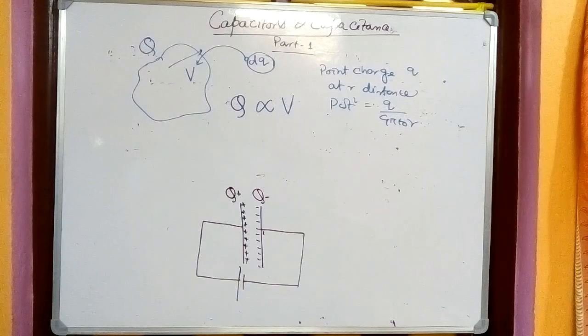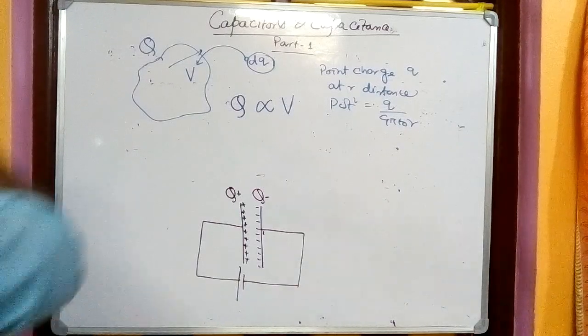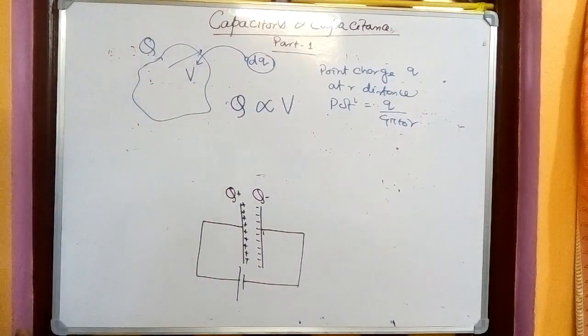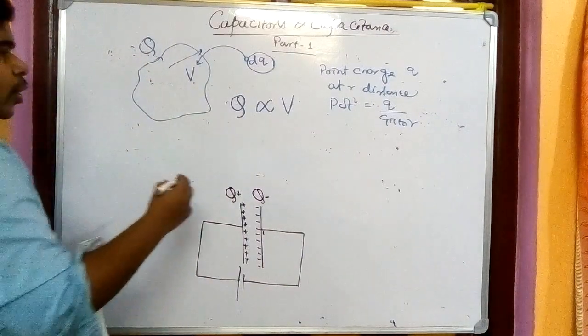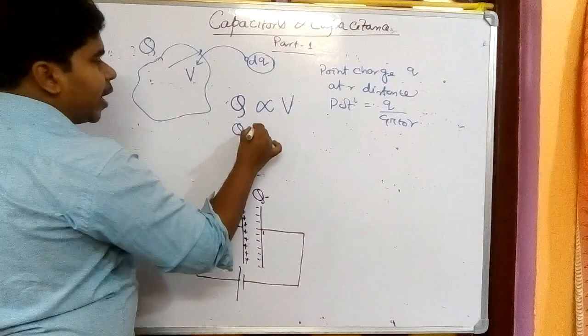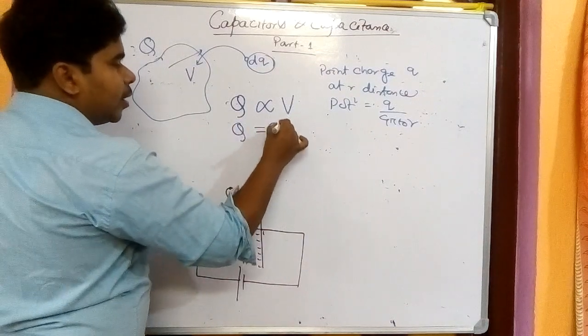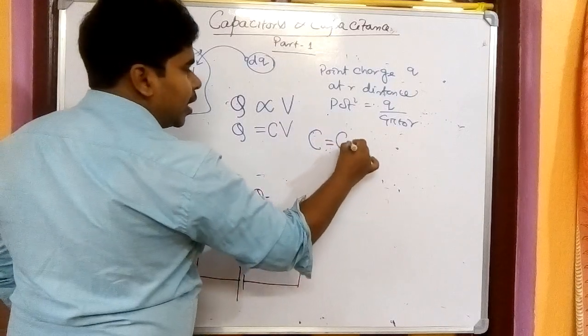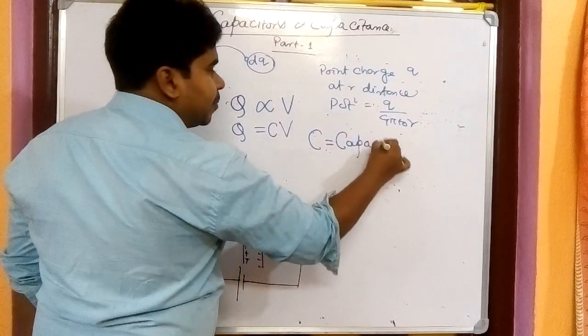So for different conductors, this relation of potential will change, and for that reason we have to take a constant here, and that constant is known as capacitance.